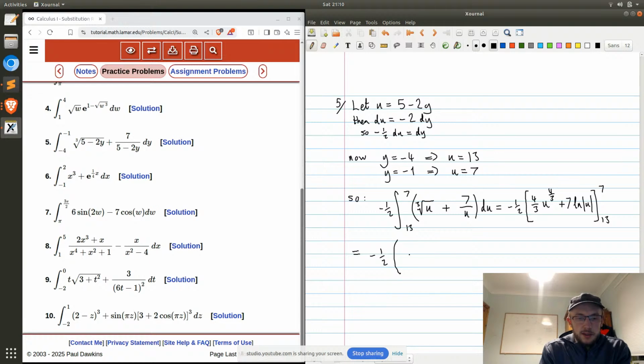And first plug in 7. And then plug in 13.